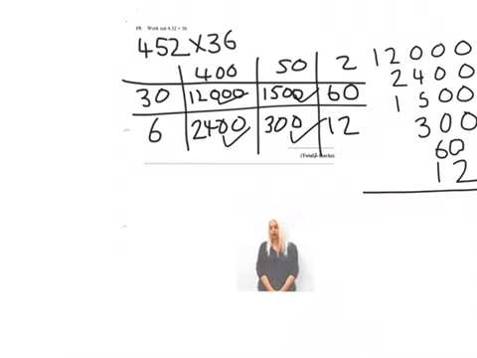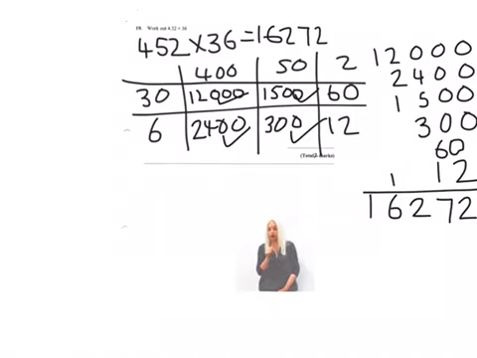Adding all the zeros up. 6 add 1 is 7. 4 add 5 is 9. Add 3 gives me 12, so that's 2 carry 1. 2 add 2 add 1 gives me 5. Add my carried 1 gives me 6. And then 1 from there. 1, 6, 2, 7, 2. Then if I have a look at my question has 2 decimal points, so my answer is going to have 2 decimal points, so the decimal point will go just there, 162.72.